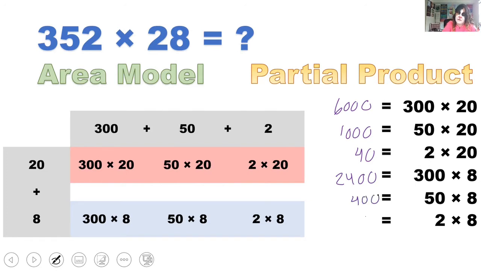And 2 times 8 is 16. And then we put all those numbers together and we add it up. And we have 6, 5, 8, 9. So our answer to 352 times 28 is 9,856.